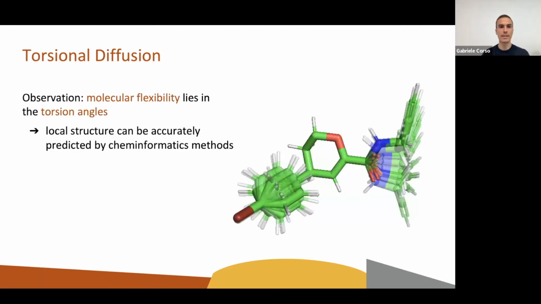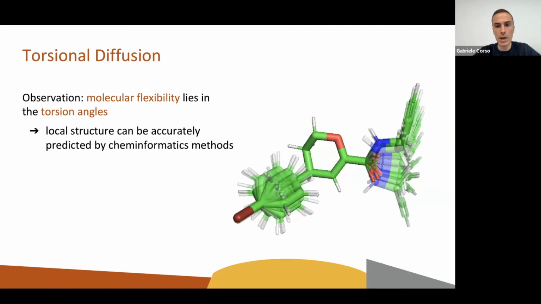Okay, so the idea behind our work is that with some observation of molecular flexibility, we can significantly reduce the space over which we do the diffusion, and therefore significantly improve the runtime and the performance of these diffusion models. The observation is that molecular flexibility actually lies in the space of torsion angles.